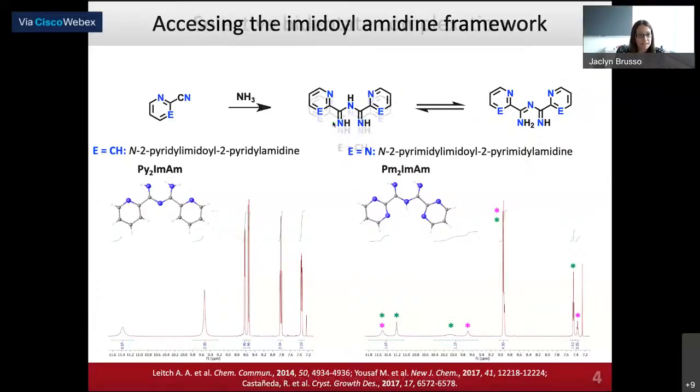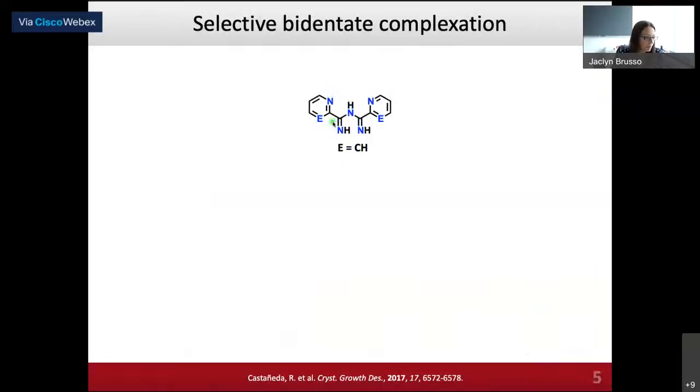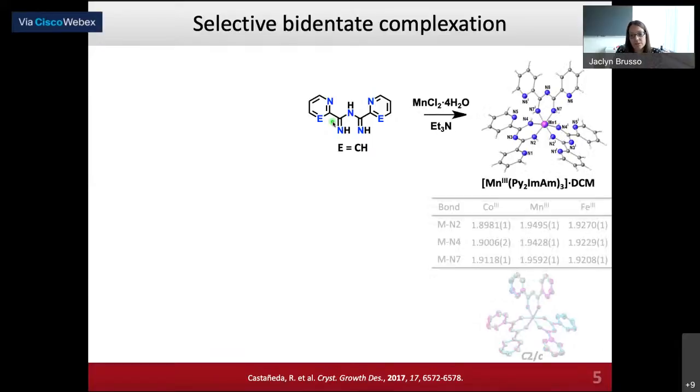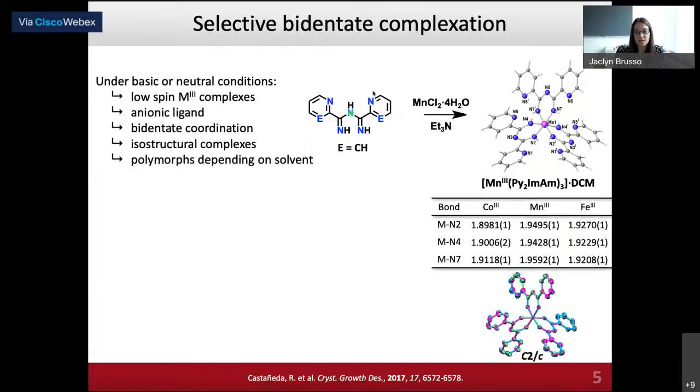And so now that we had this ligand in hand, we could start exploring its coordination chemistry. The first step was to take first row transition metal salts and do benchtop reactions. And we found with a variety of metal salts under atmospheric conditions in either neutral or basic conditions, we could isolate these coordination complexes in which the metal ion is coordinated in a bidentate fashion to 3 anionic ligands.